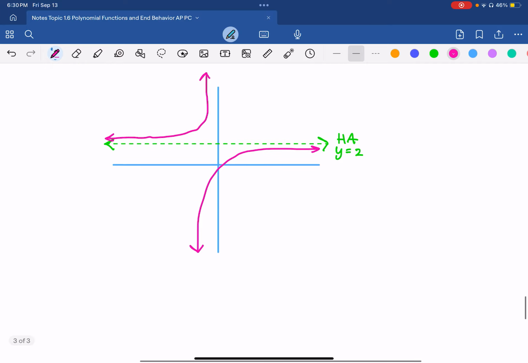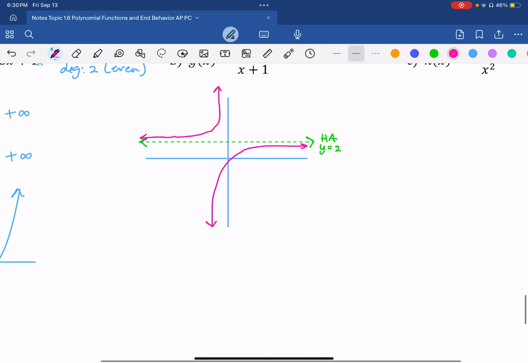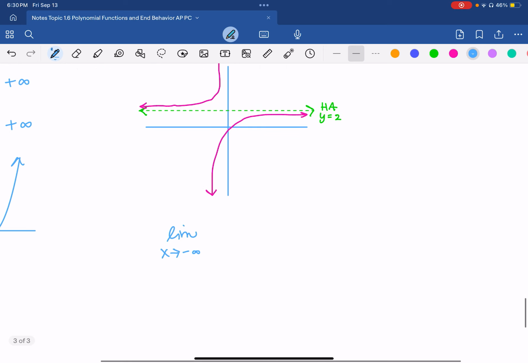Okay, so for the limit statements, we'll say the limit as x approaches negative infinity of g of x equals, and we'll come back and fill it in, the limit as x approaches positive infinity of g of x equals something.